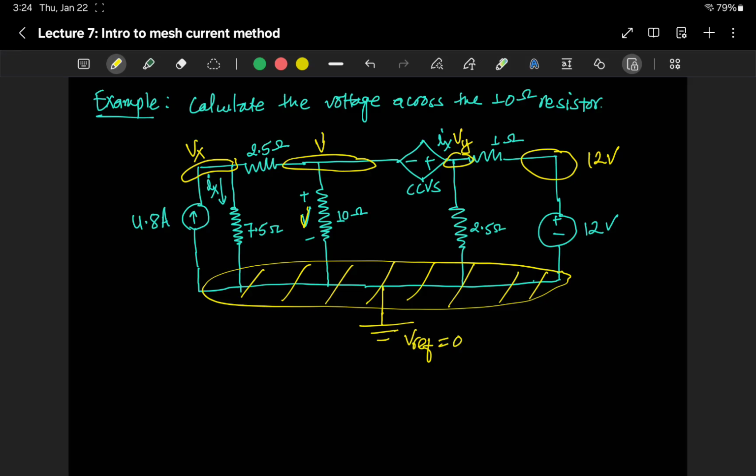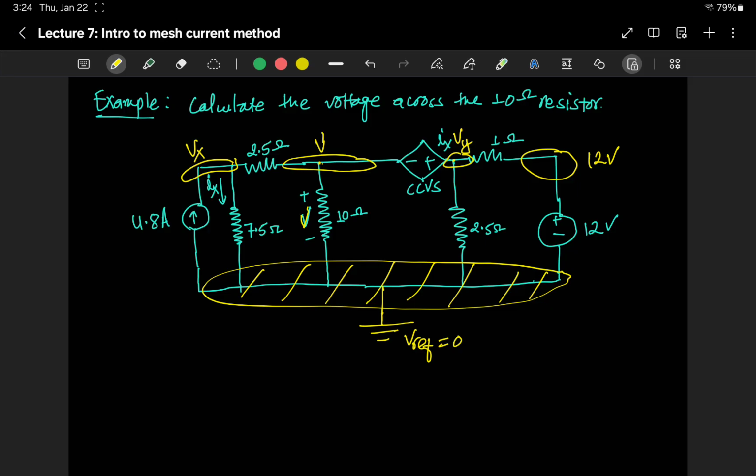So now we could use KCL at this node, but there is unknown current in this current controlled voltage source. And whenever we have 2 or more non-reference nodes with unknown voltage, and we have a dependent or independent voltage source, in those kind of situations, it's easy to use the concept of supernode.